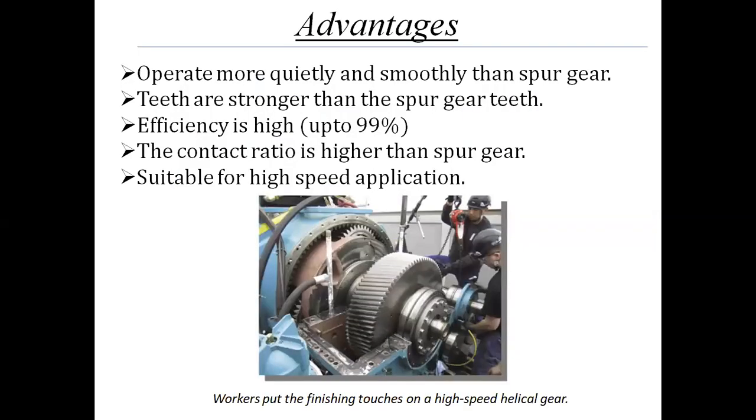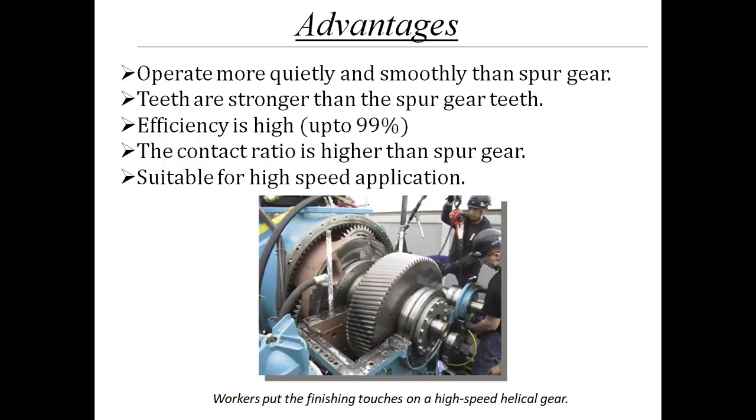Okay, so these are some advantages of helical gear other than spur gear. The operation is more quiet and smooth than spur gear. The teeth are stronger than the spur gear teeth. As the teeth are stronger, these helical gears are used for heavy load applications where load carrying capacity is required to increase.